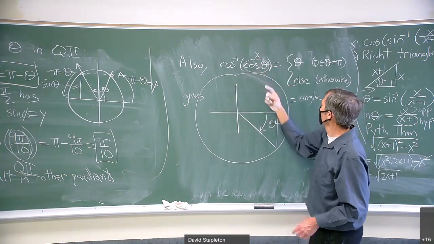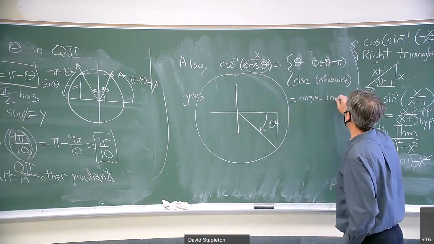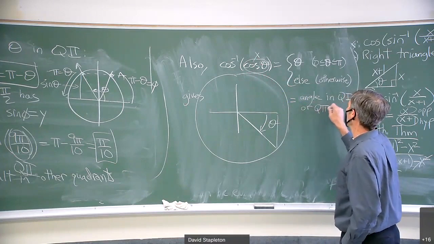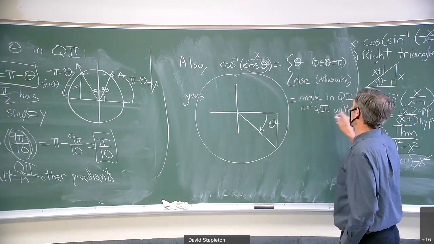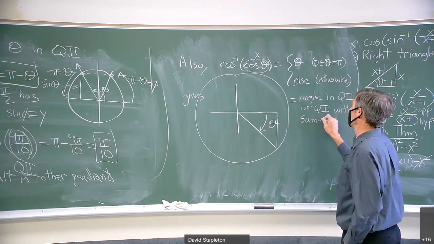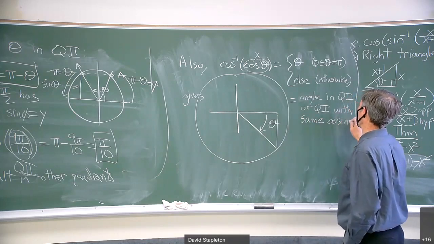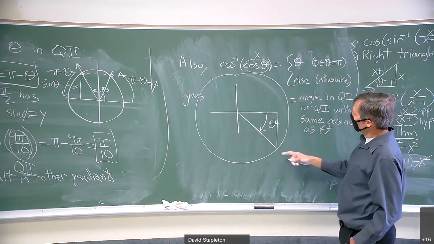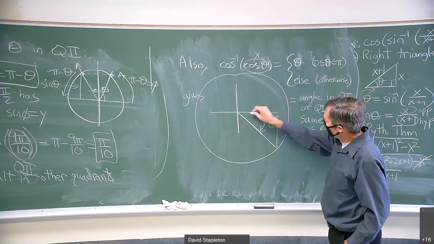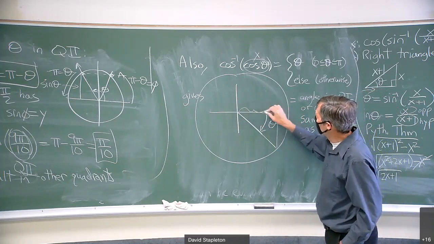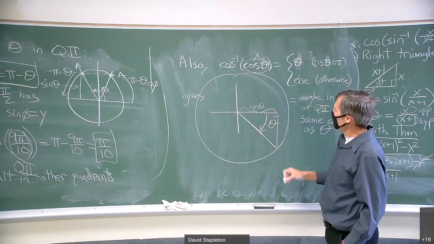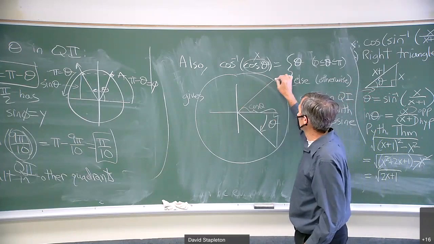But x was the cosine of this one, so you're asking for the angle in quadrant 1 or quadrant 2 with the same cosine as theta. So I look and say, well, if I drop a perpendicular here, this x coordinate is the cosine of theta, right? What other angle can I get in quadrants 1 or 2 to get that cosine? It has to be this one right here.